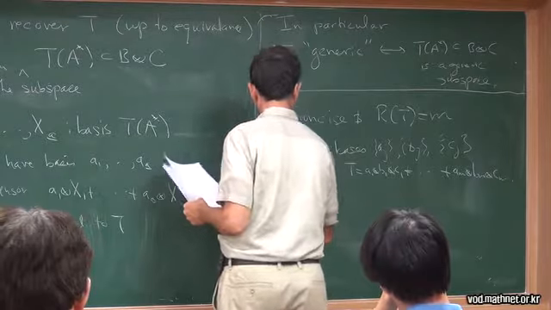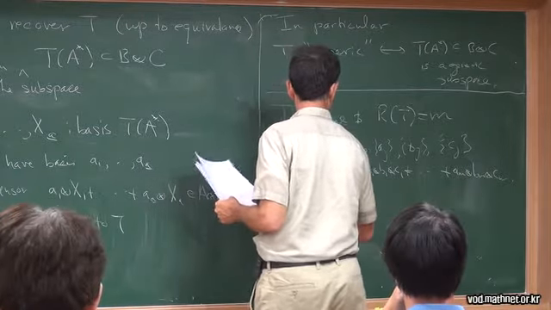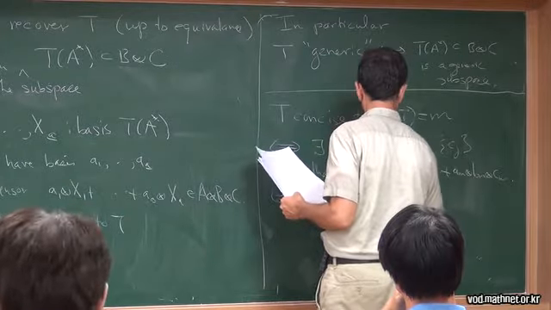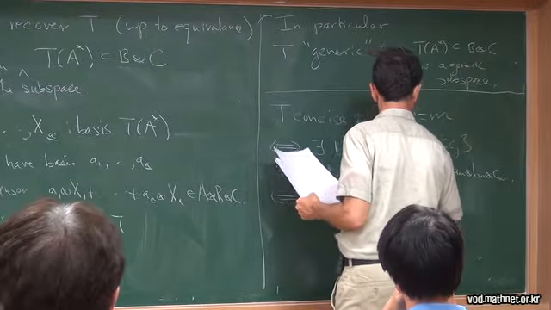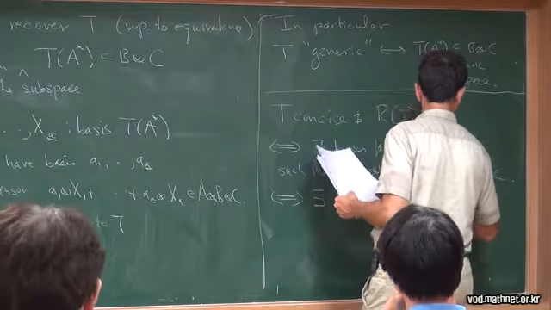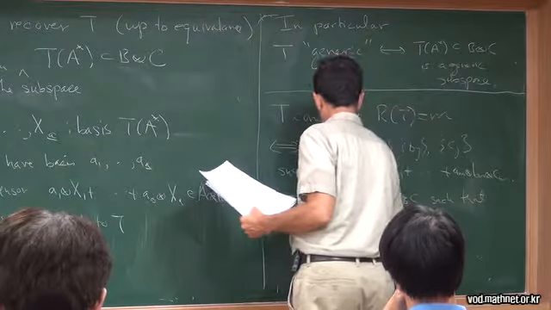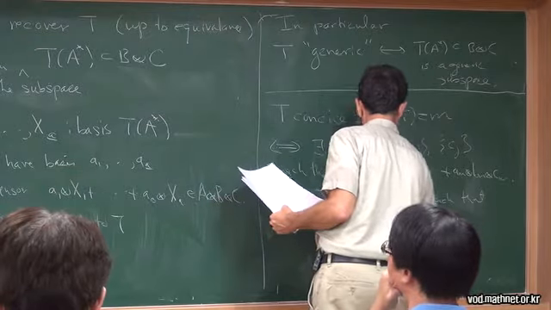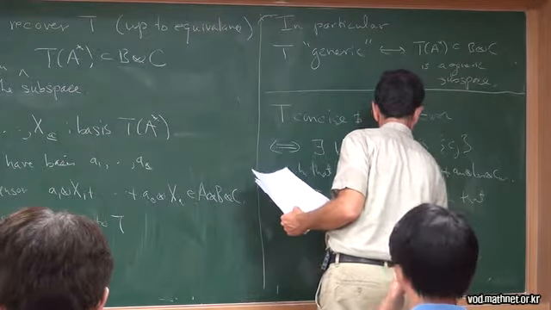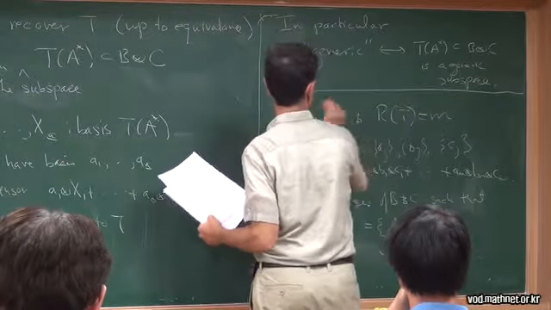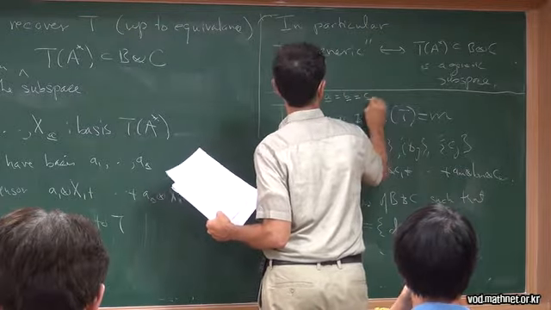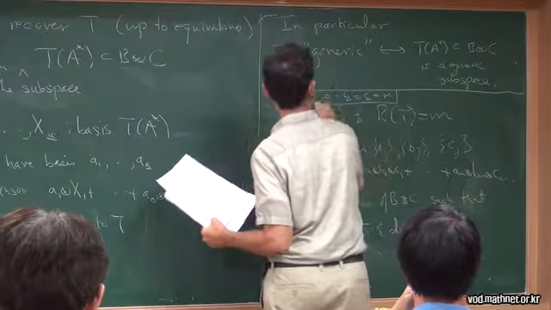If and only if there exist bases of B and C such that T of A star is equal to the space of diagonal matrices. So here we're going to assume now that all dimensions are M, the same.